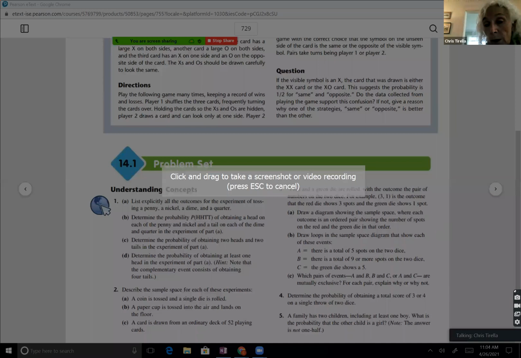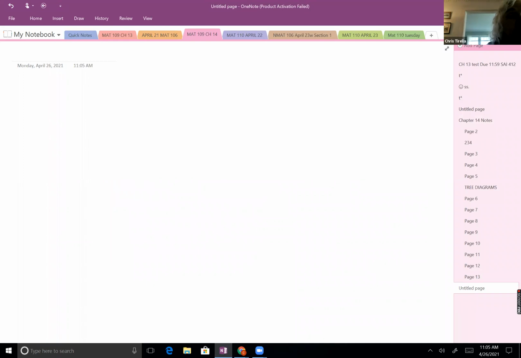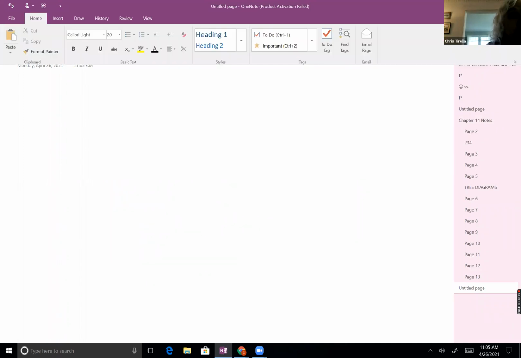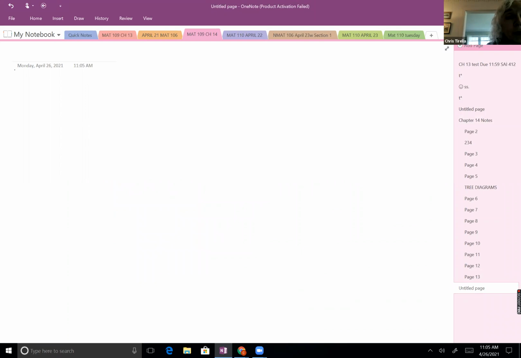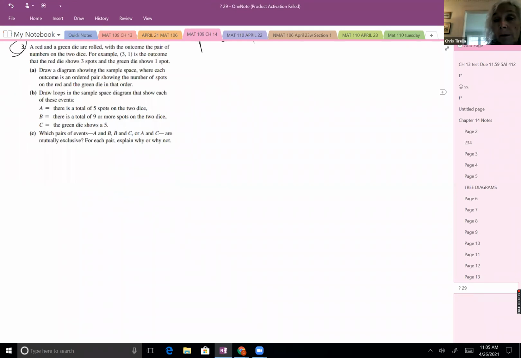I'm going to go real quick, and I'm going to copy this question and put it in a blank page at the end of the notes. This is from page 729, question number 3. Now the picture for 2 dice we've drawn already, and we've used it a couple of times.